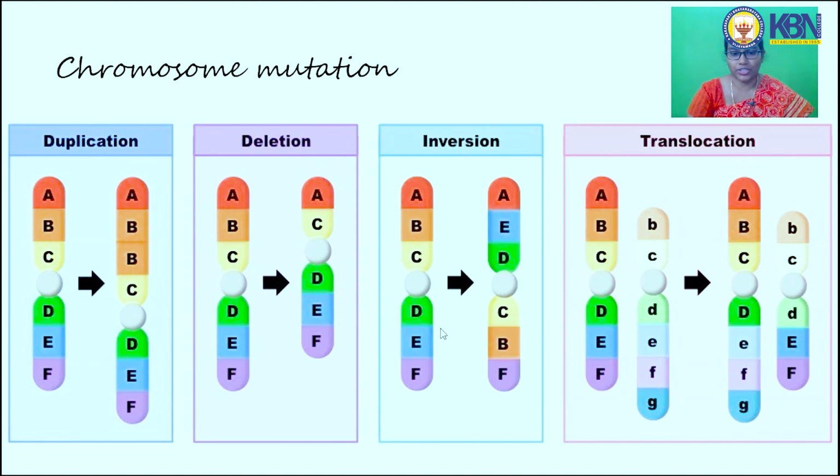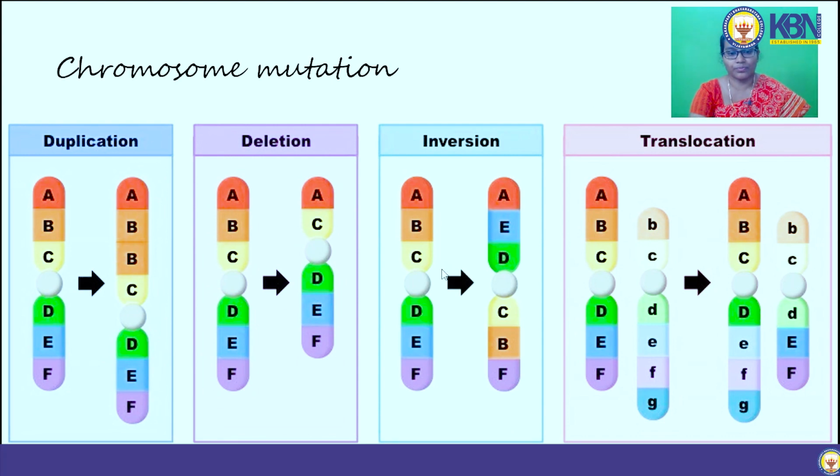Third is inversion. Let us see what that is. Along with inversion, we can use another term, that is switching of places. If you observe the first chromosome, it has A, B, C, D, E, F in a sequence in a row.